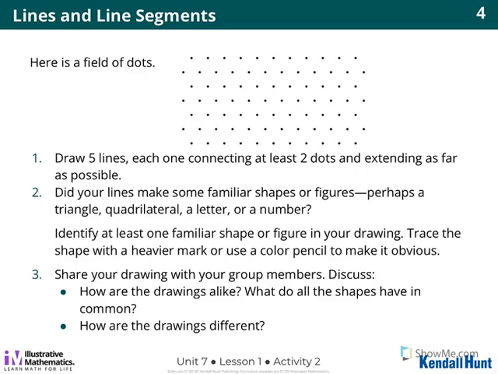Did your lines make some familiar shapes or figures? Maybe a triangle, quadrilateral, a letter, or a number. Identify at least one familiar shape or figure in your drawing. Trace the shape with a heavier mark or use a colored pencil to make it obvious.